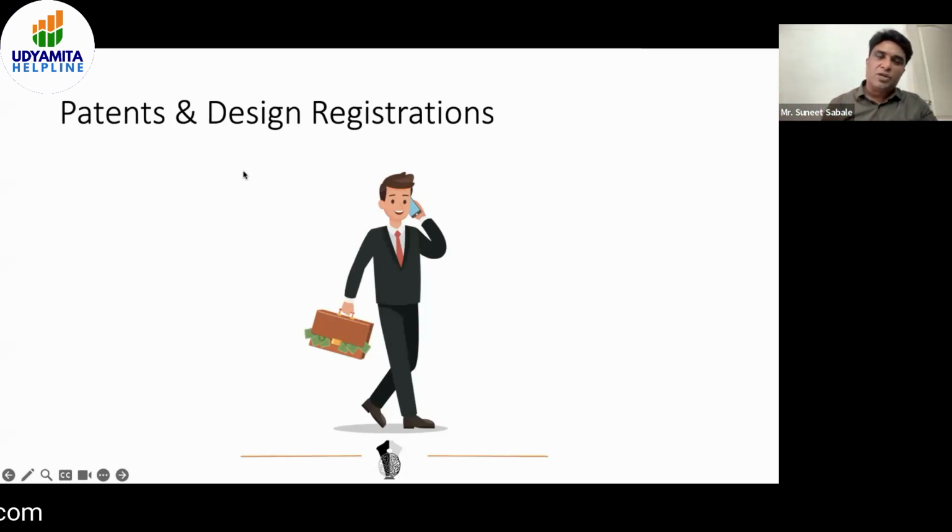Otherwise, it will be a little expensive. Copyright government fee for literary work is 500 rupees. Cinematographic work is 5,000 rupees. Videos and sound 5,000 rupees, literature 500 rupees. A consultant will charge you somewhere around 5 to 15,000 rupees, because there is an examination also that needs to be attended. Otherwise, you can do it on your own.